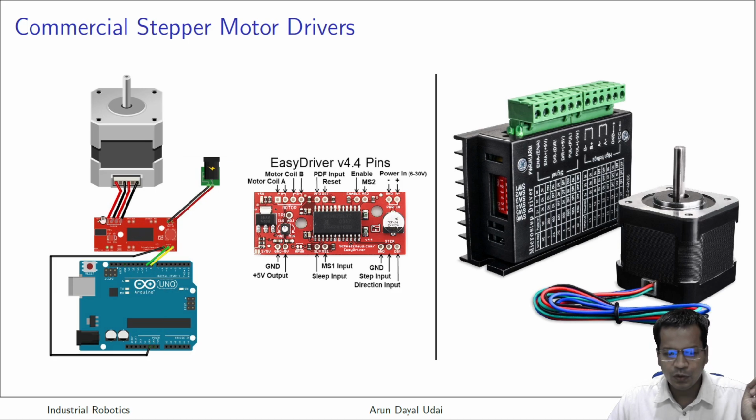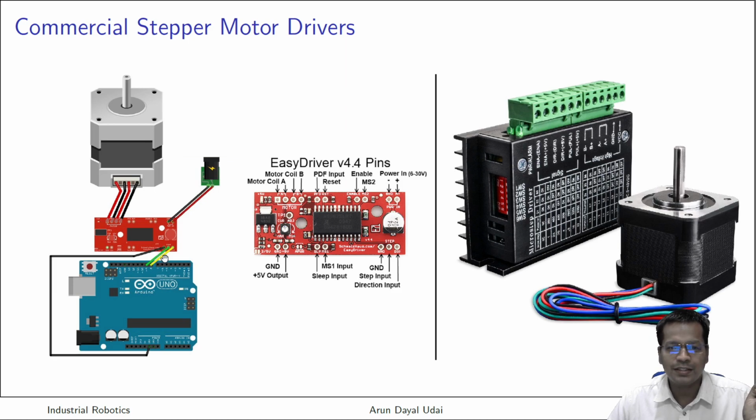You don't have to control 4 wires. Earlier you had 4 wires, this time you have just 2 control wires, and one of them is ground, that is always there. That is to have the same reference for this board and your controller board. So this time you have just 2 wires, and you know what they do.